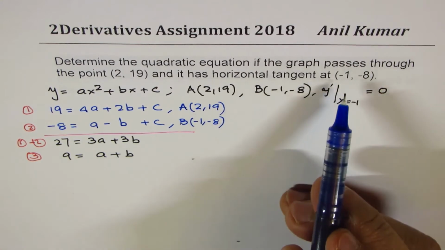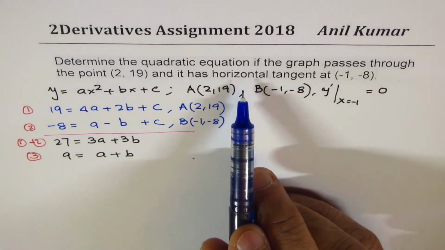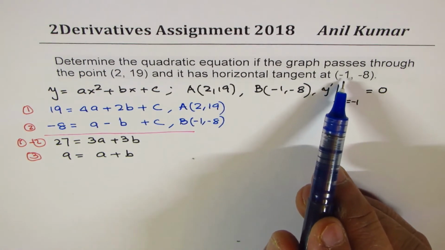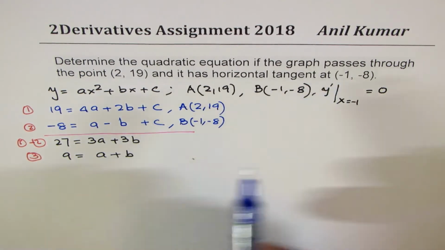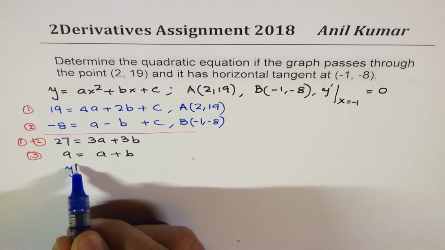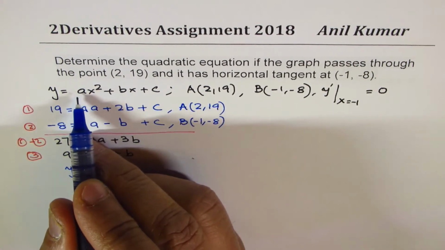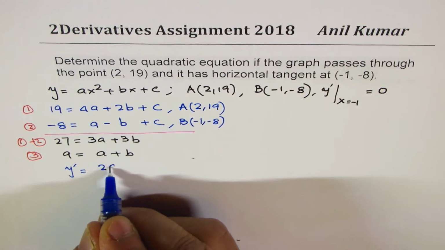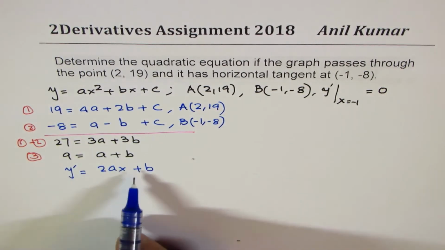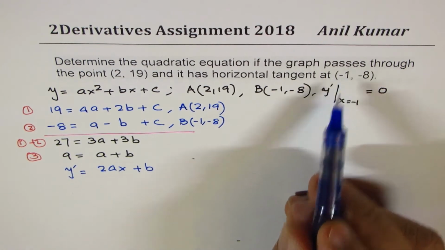Now let's move on and use the information that the slope of the tangent line is 0 at the given point where x is minus 1. So let's find the derivative. y dash will be 2ax plus b, and that is 0. This has to be 0 for x equals minus 1.